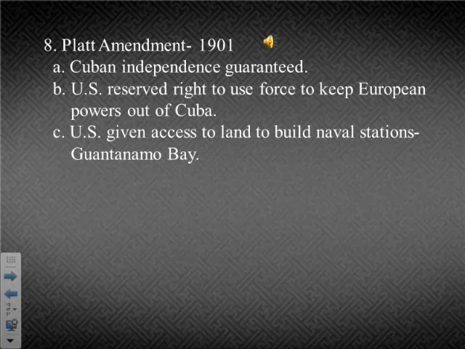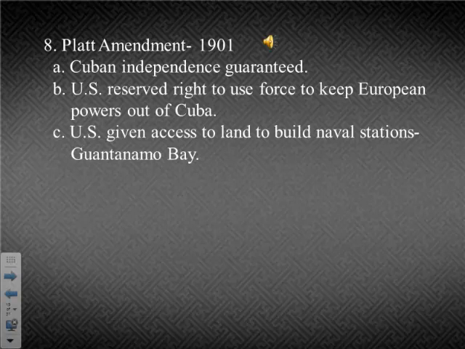The Platt Amendment kind of followed the Teller Amendment. The Teller Amendment was before the war. So the Platt Amendment is what the United States signed with Cuba afterwards. And the United States didn't grant Cuba its complete independence. The United States reserved the right to use force to keep European powers out of Cuba.